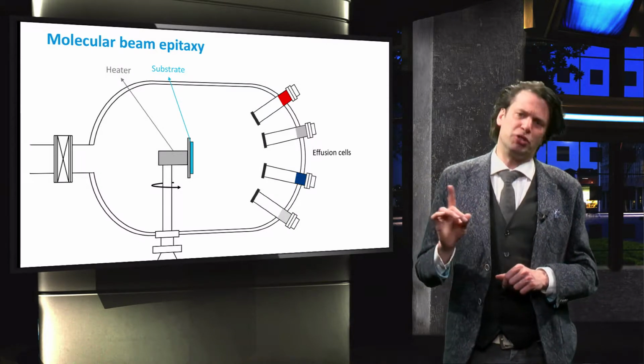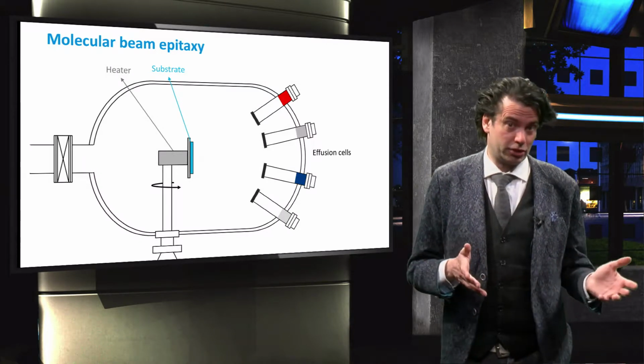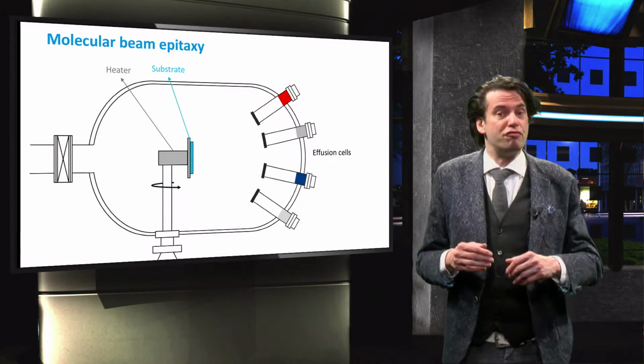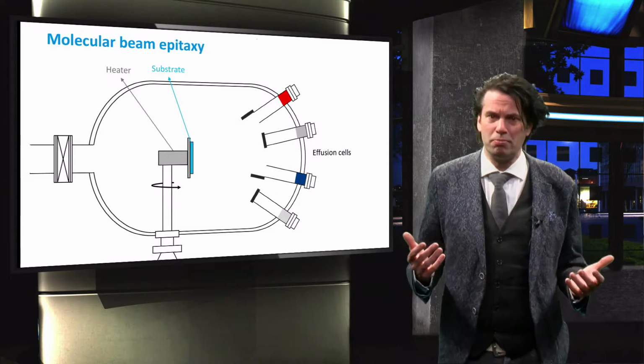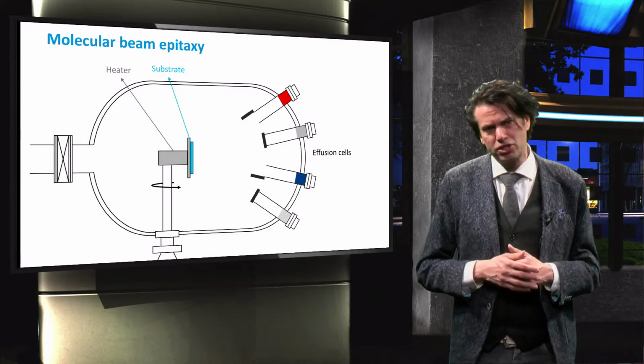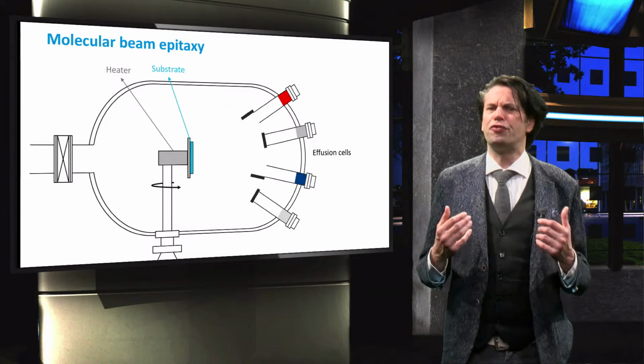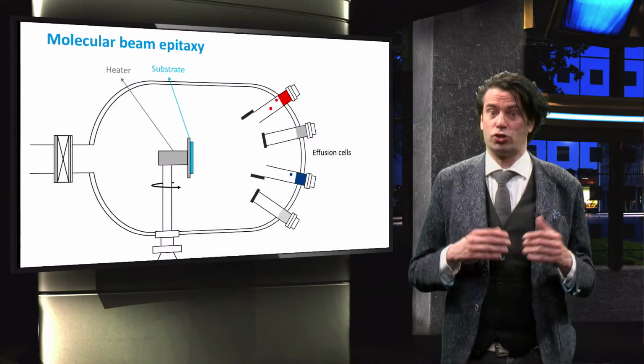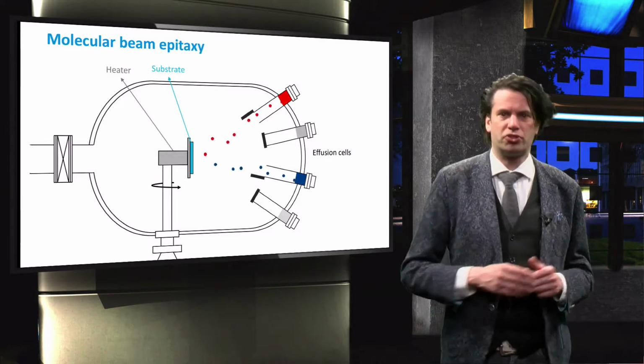If you want to deposit a certain material, let's say for instance intrinsic gallium arsenide, the shutters of the effusion cells containing the gallium and arsenic elements are opened. In an effusion cell, the target material is evaporated, generating an atomic beam aimed at the substrate.